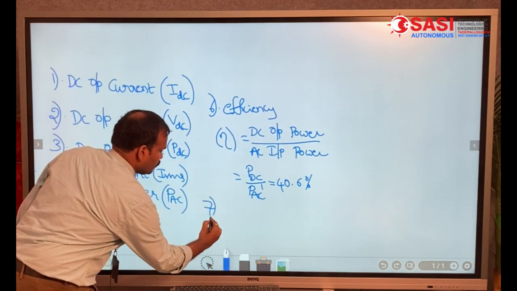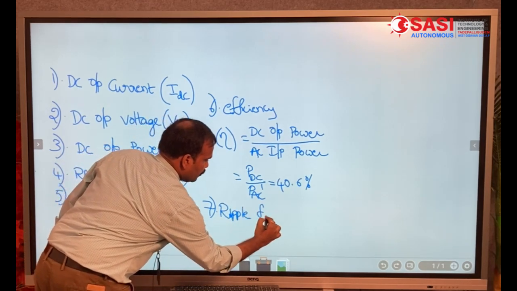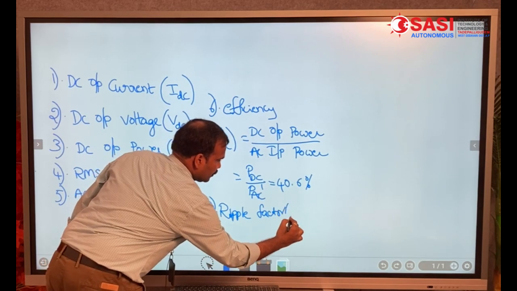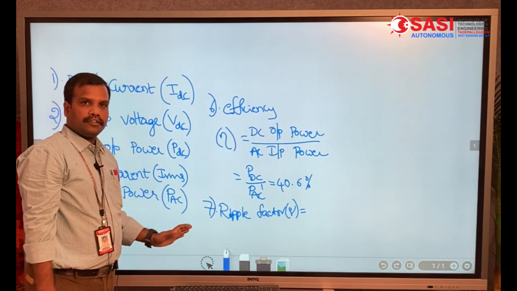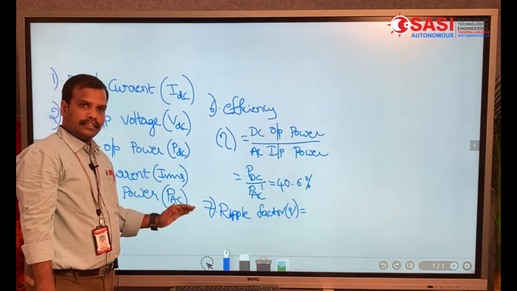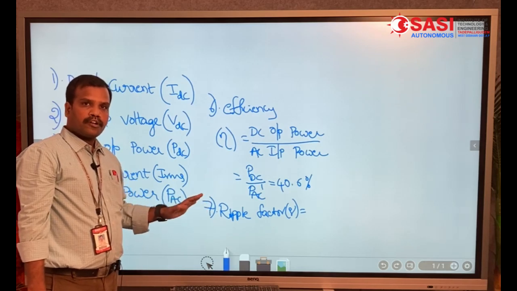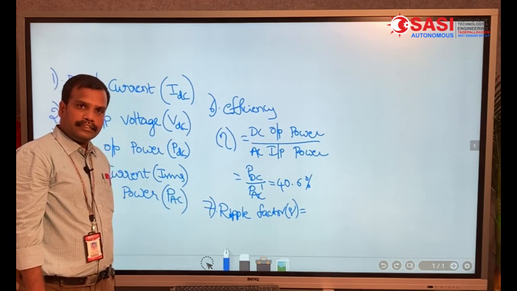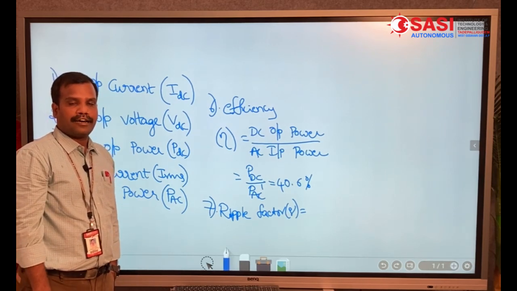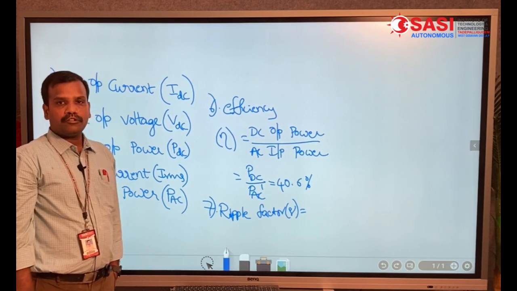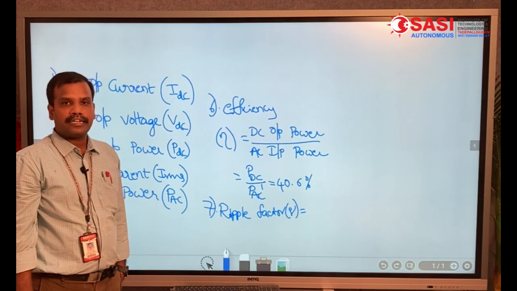Next one, ripple factor. Already I told, the input to the rectifier is AC, output is DC, but the output of the rectifier consists of DC components as well as AC components. Those AC components are unwanted components, and those unwanted or undesirable AC components are called ripples.